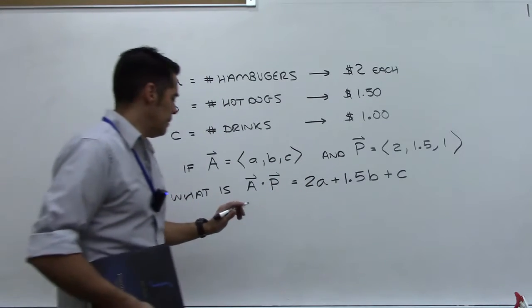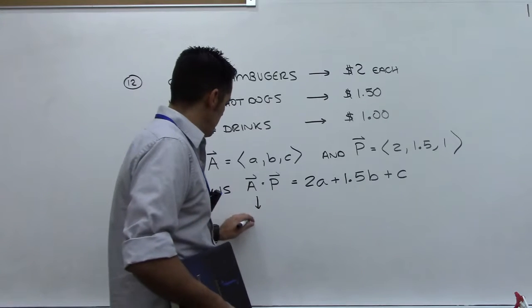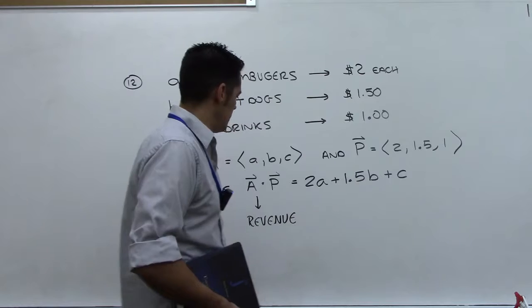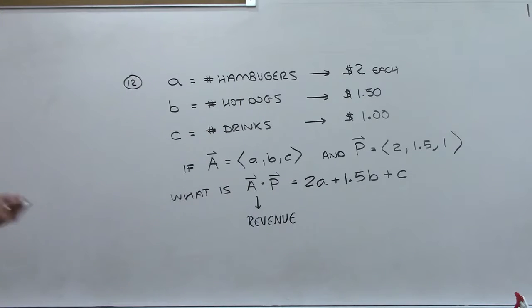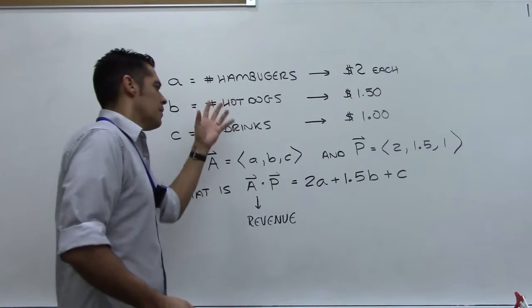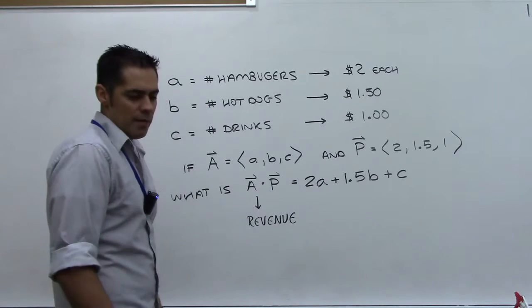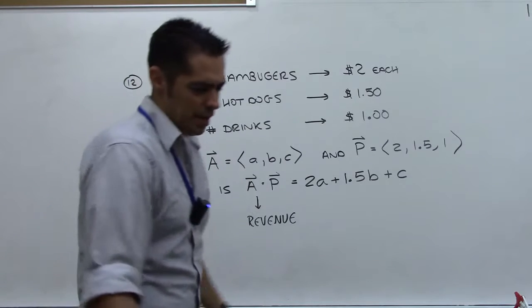So this would be the revenue. The money that you bring in. All they're trying to do is get you to see that the dot product can actually represent something here rather than just some arbitrary number that comes out at the end.